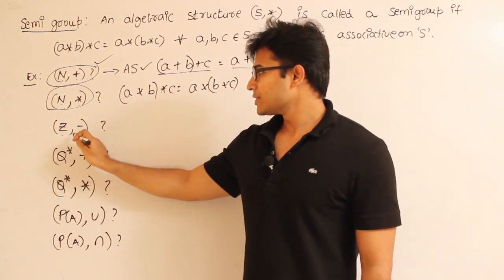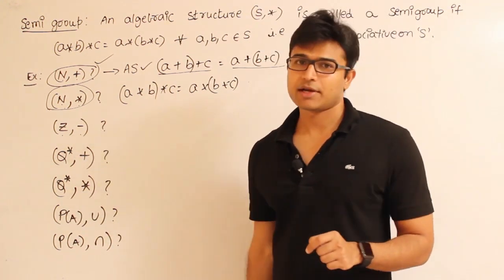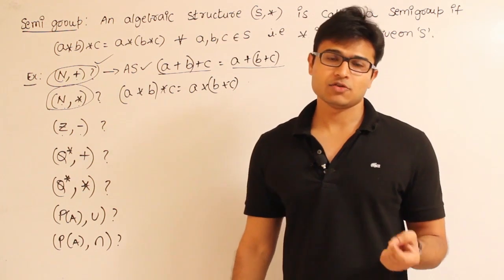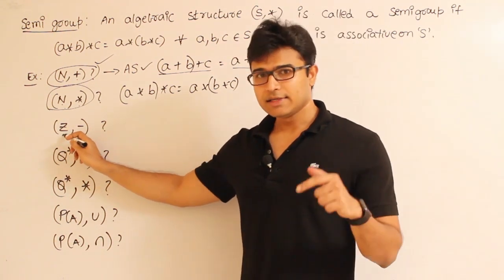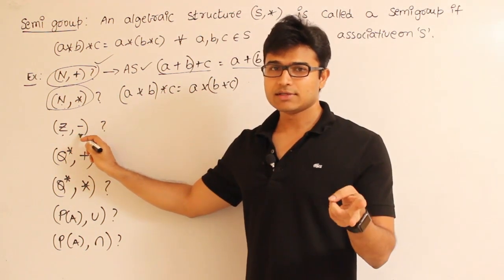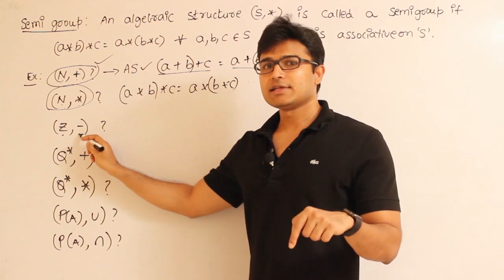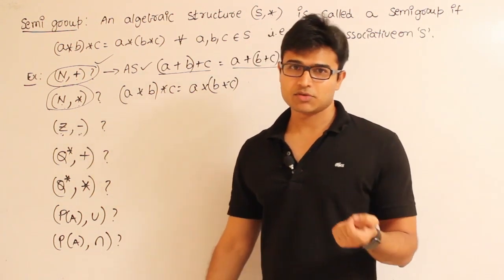And what about Z and minus? Z is the set of all integers and minus is subtraction. First of all, it has to be an algebraic structure. The set of all integers is closed under subtraction. If you take any two integers and subtract, the result is definitely an integer, so we can say that it is an algebraic structure.